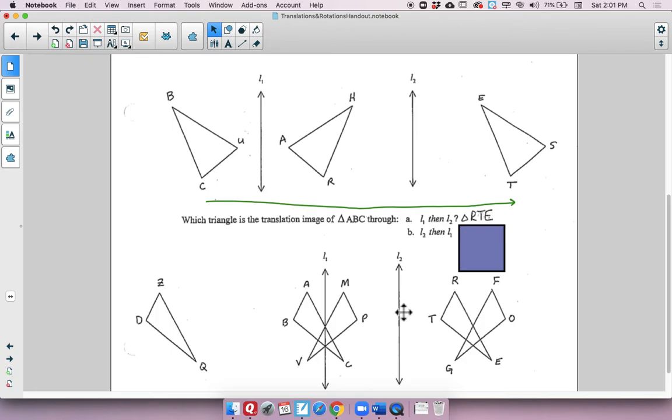Which triangle would that be? Hopefully you said ZDQ, because we would be here reflecting this triangle across here. So we would be this distance, and that would be FOG. And then when we reflect FOG through L1, we're going to be that same distance over here. Okay?